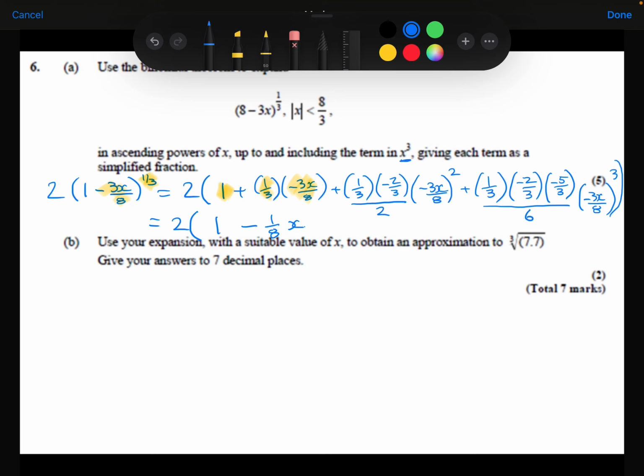Next, we're going to have 1/3 times minus 2 over 3. So that's minus 2 over 9, which will then get divided by 2, which will be minus 1 over 9.